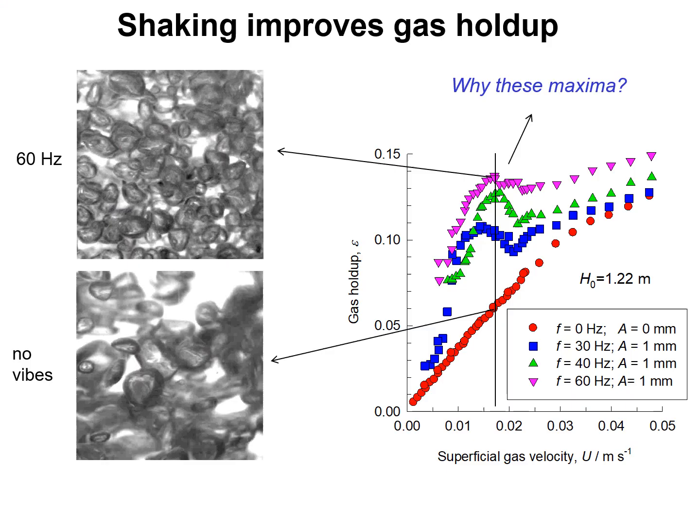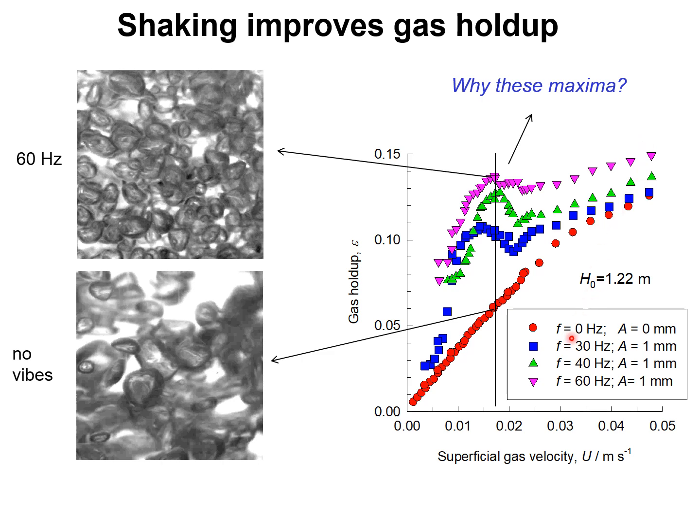Let's first look at a set of experiments, 4 in number, in which the gas holdup in the column is measured as a function of the superficial gas velocity, and the 4 sets of experiments are shown by these different symbols here.